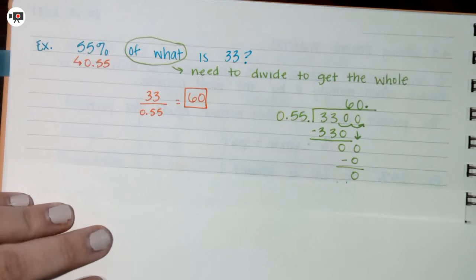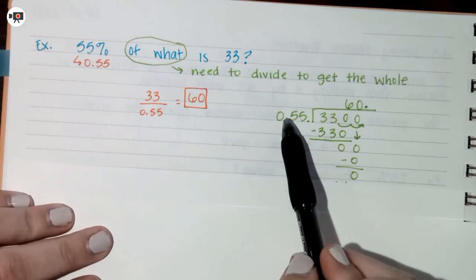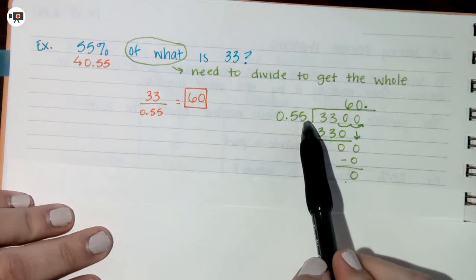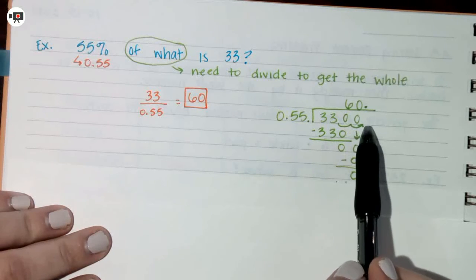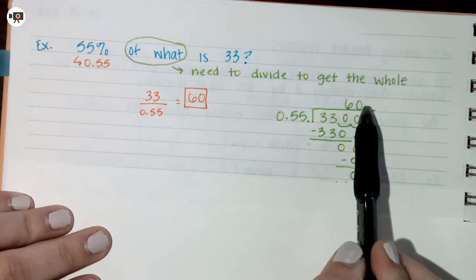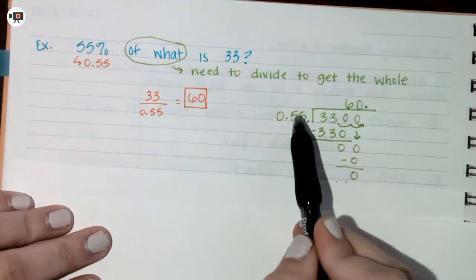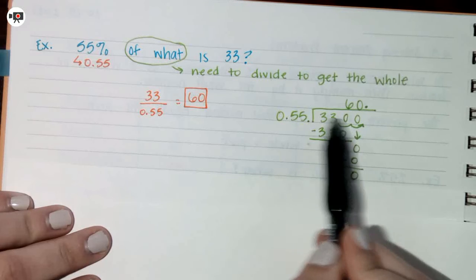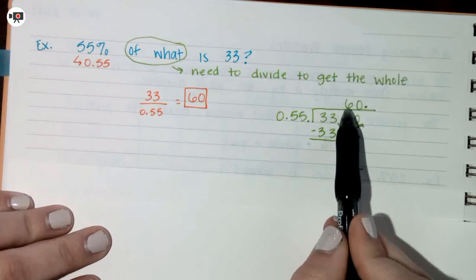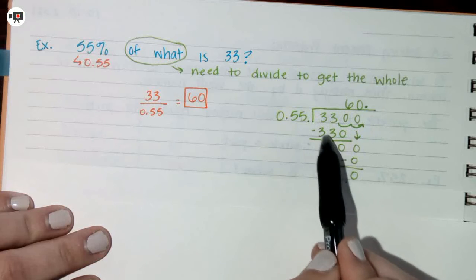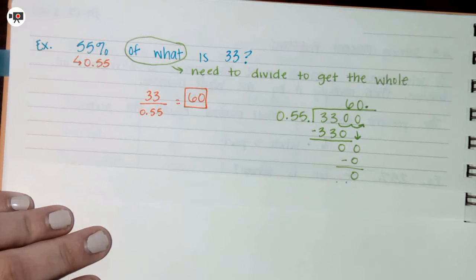Doing my long division over here, moving my decimal place 2 spots to the right. That means on the inside, I move it 2 spots to the right, and then it goes straight up. Then I treat these like 2 whole numbers. 55 goes into 330 6 times. 6 times 55 is 330, and then I just have zeros at the end.